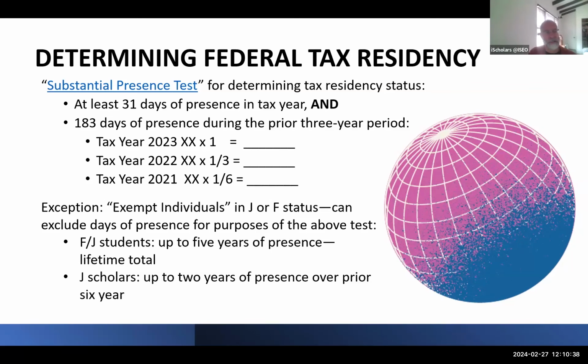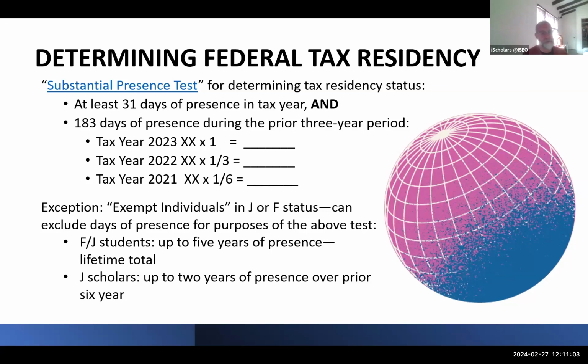So for our J1 scholars who may have been here in previous periods of time, your situation can be much more complicated. And you can actually flip-flop from non-resident alien to resident alien. And then as those couple years drop off and you're still here in the United States, you could flip back to non-resident alien.